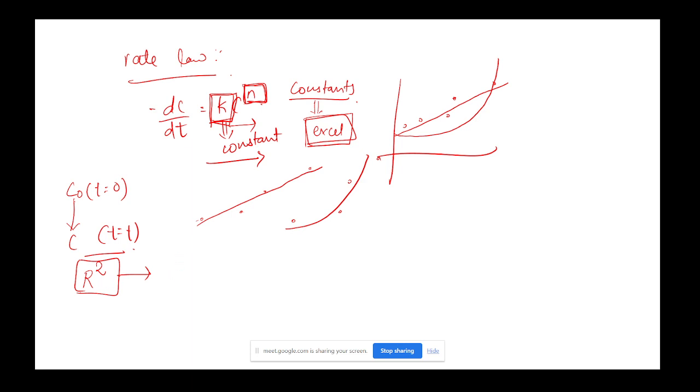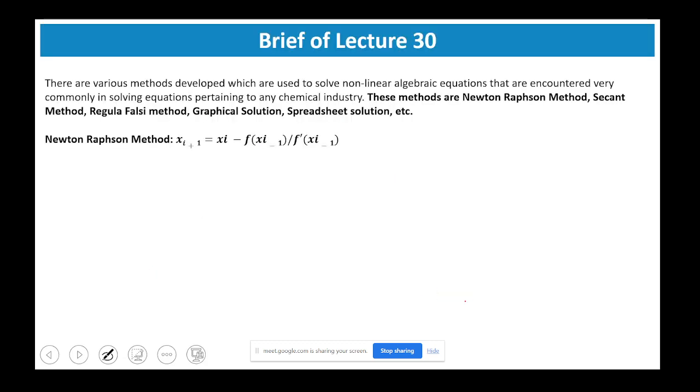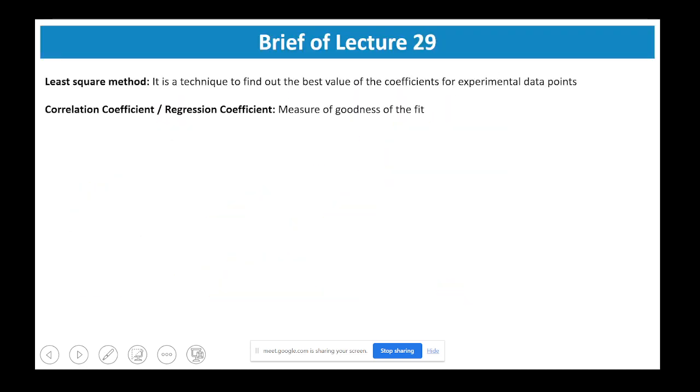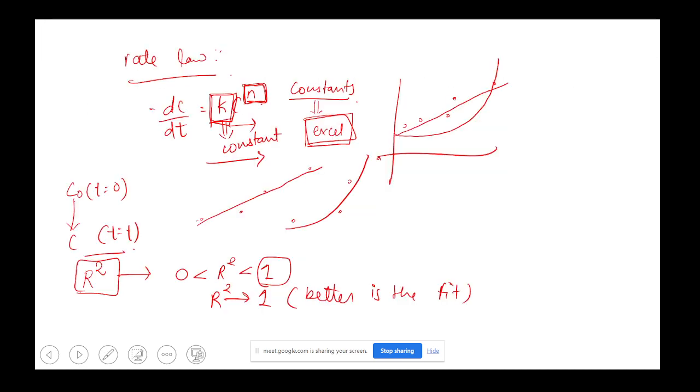For that you check R square, and its value is usually 0 to 1, and the more the R square value, as R square tends to 1, the better is the fit. Okay, so for any correlation, you check the R square value.